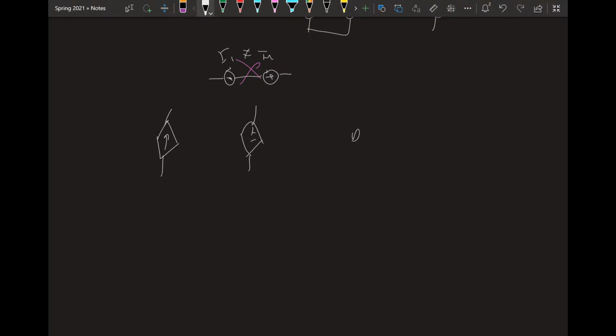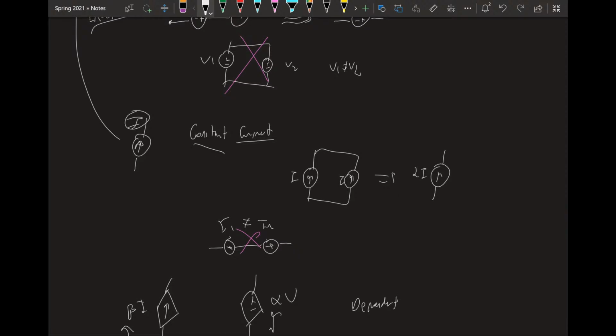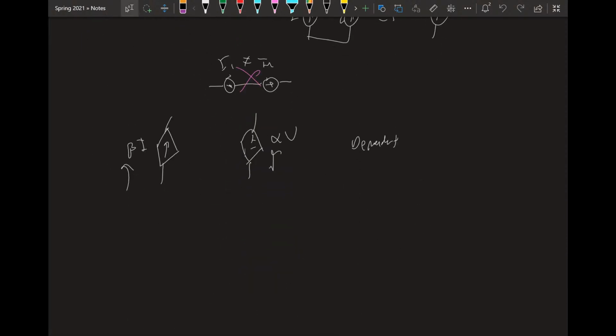And these are dependent sources. You're going to see them with an alpha V or a beta I, something like that. This constant is going to depend on another area of the circuit. But other than that, they act the same way. They keep a constant current or a constant voltage. It just so happens that the value they provide is dependent on another area of the circuit. Only difference. Okay, let's move on.